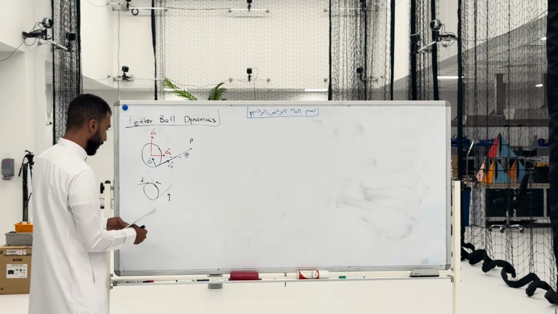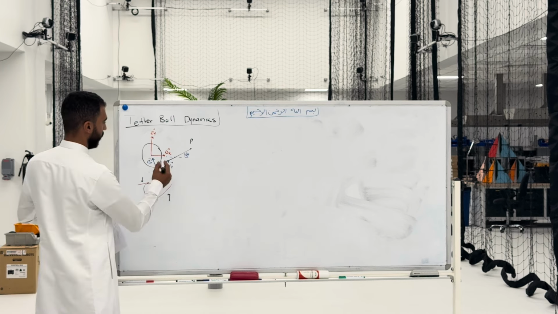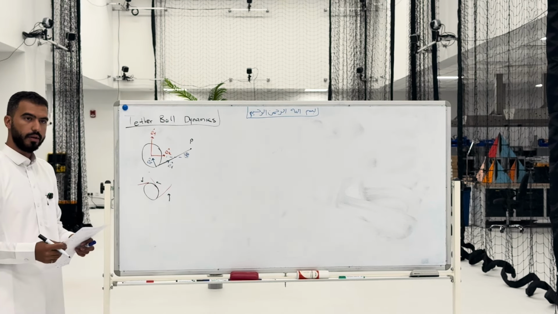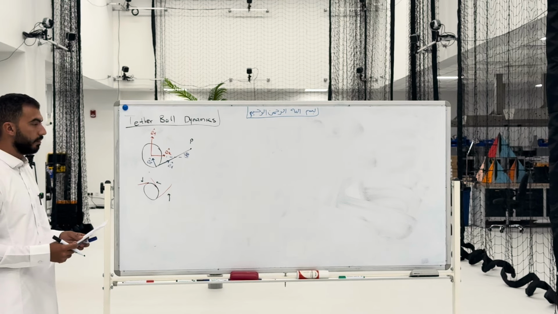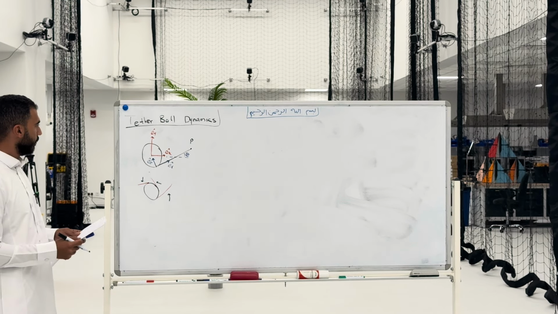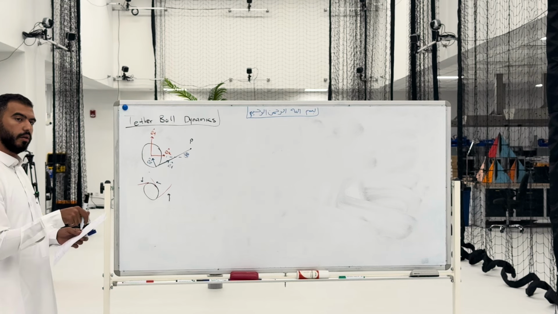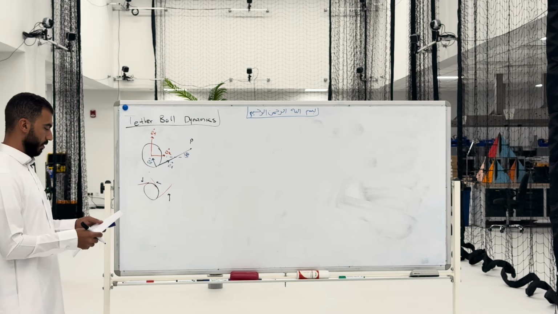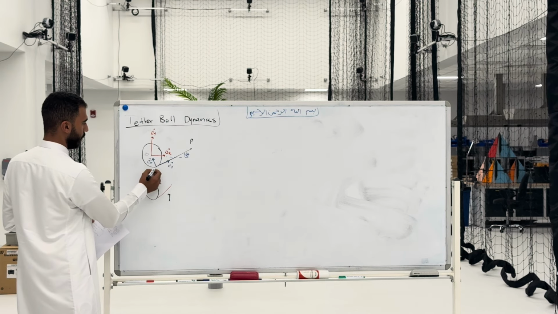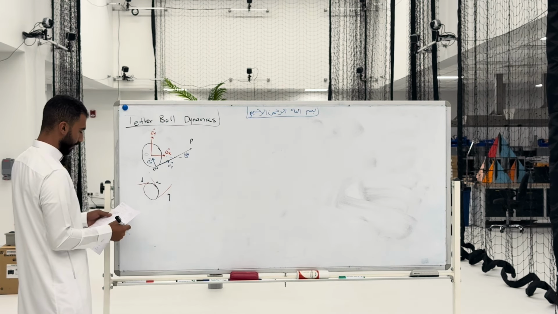We can start labeling. I'm a bit confused. Shouldn't the string be connected to the center of the ball? No, it's connected to the side of the rod. So you can imagine that this is point O, and the origin is O prime.